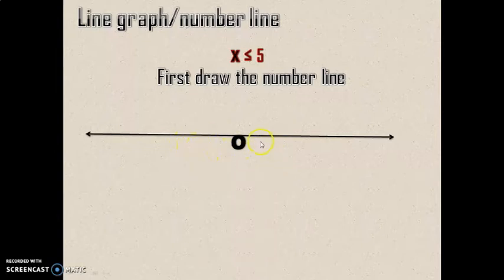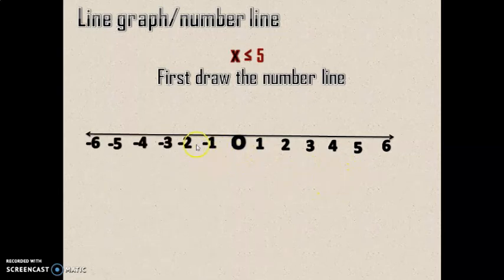Then you have plus 1, plus 2, plus 3, plus 4 down to infinity. Okay, so let's quickly number the number line there. So you have 1, 2, 3, 4, 5, 6, 7, 8, and so on and so forth. So here you have what? Minus 1, minus 2, minus 3, minus 4, minus 5, as the case may be.